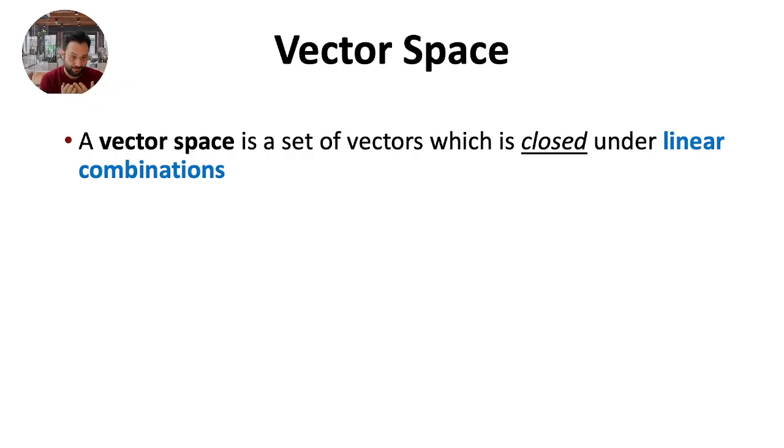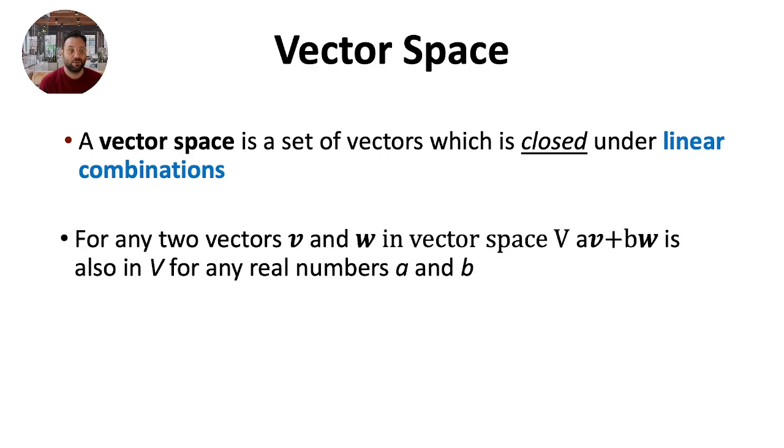So I'm talking about a space. Closed means that for any two vectors, if I take any images in that space, V and W, that means aV plus bW is also going to be in that vector space.